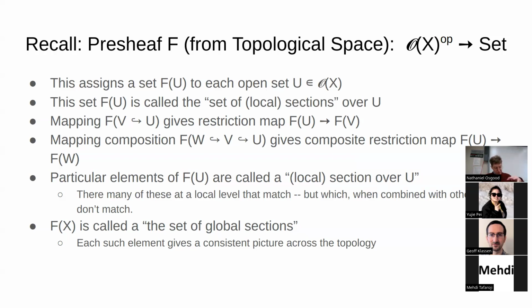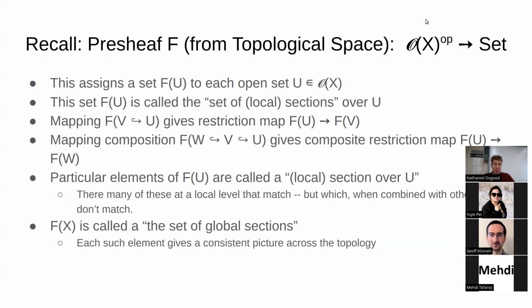this topology, which describes the topology and the relationships between open sets in the topology, like regions, there are regions U1 and U2, and they're inside U, and there's a region U1 intersect U2 that is inside of both.